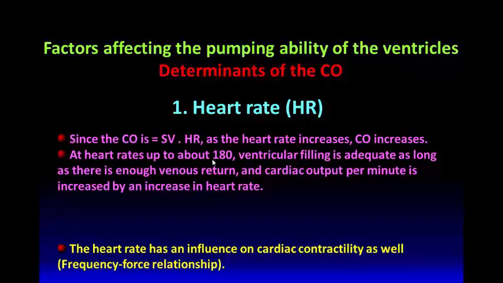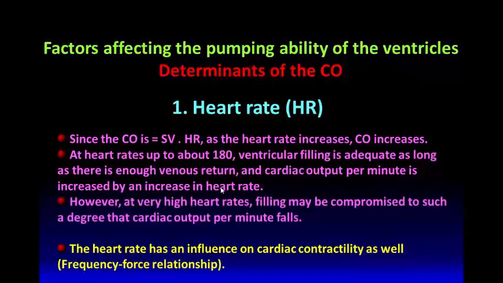Diastole is not shortened very much. Still, there is adequate diastolic period and there is adequate ventricular filling during diastole as long as there is enough venous return. Accordingly, the cardiac output per minute is increased by an increase in the heart rate.